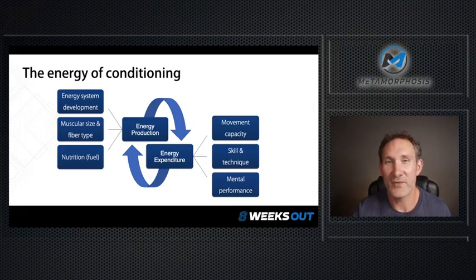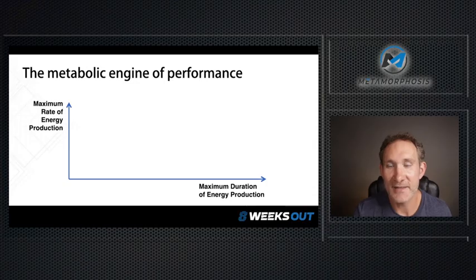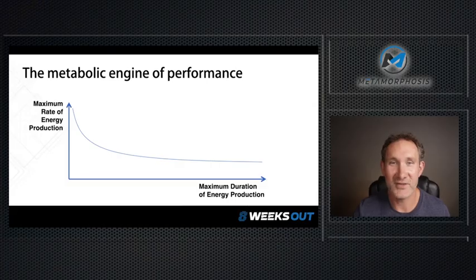Now, when it comes to how much energy we actually produce and how it gets produced, we have to understand the metabolic engine of performance. And the biggest thing to understand here is that our metabolism, our body, was designed to have a trade-off between how quickly we could produce energy and how long we could sustain that level for. So on the far left hand, we have what we call the maximum rate of energy production, meaning we produce energy very, very quickly.